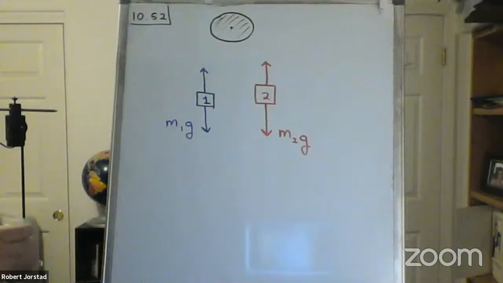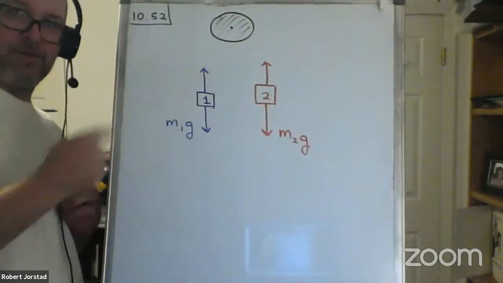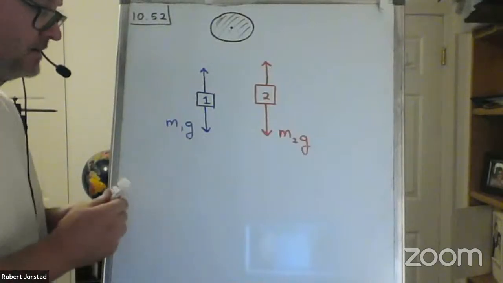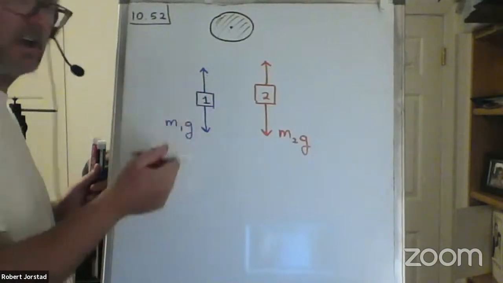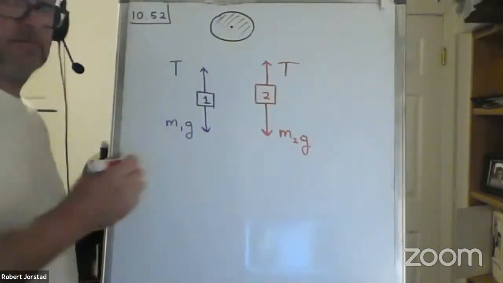So here I have M1G. What's the force pulling upwards on this block? Tension. And is that going to be the same as this tension? It's the same string. What do you think?